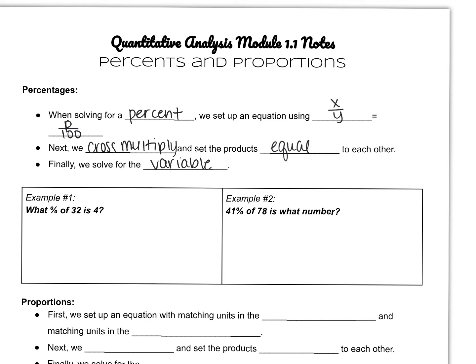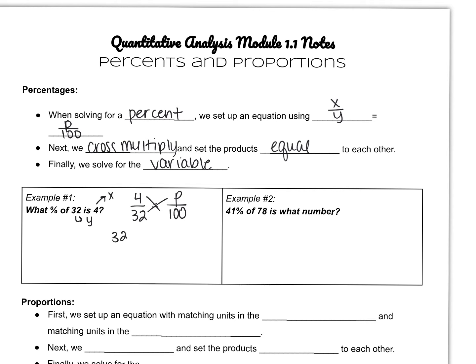To take a couple ways we can apply this, our first example says, what percent of 32 is 4? So 4 is going to be our x, it's our value, 32 is our total, and that means we're solving for p, our percent. So we're going to set up the fraction 4 over 32 equals p over 100. We're going to cross multiply.